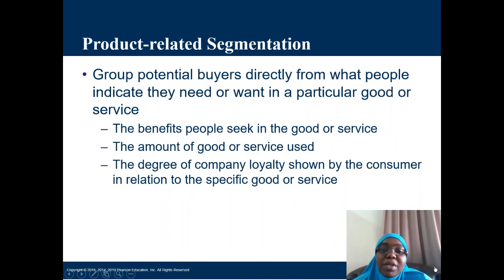The benefit people seek in the good or service is one of the bases. Then the amount of goods or service used, and the degree of company loyalty shown by consumers in relation to a specific good or service are all factors to be considered when it comes to grouping your potential buyers, particularly from what they indicate that they want. That is product related segmentation.